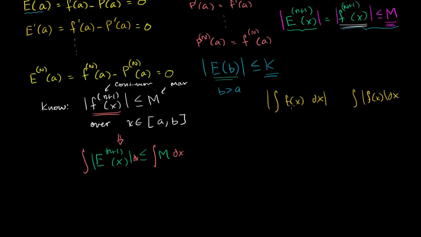Well, you just have to think about the scenarios. If f of x is always positive over the interval that you're taking the integration, then they're going to be the same thing. You take the absolute value of a positive value, it doesn't make a difference. What matters is if f of x is negative.